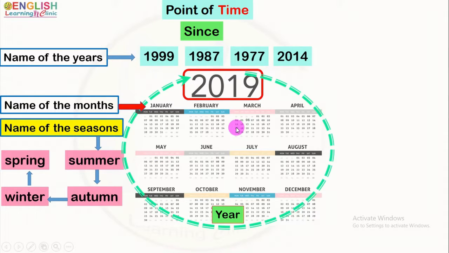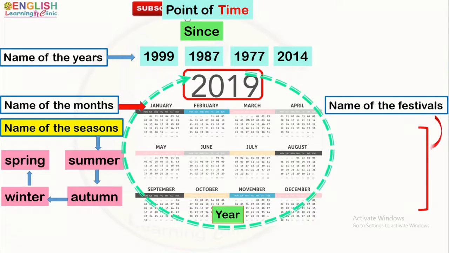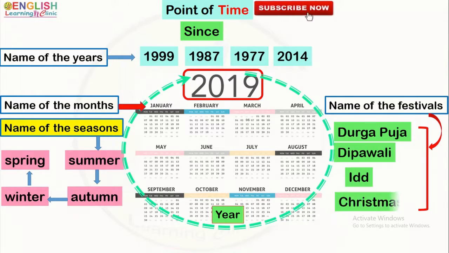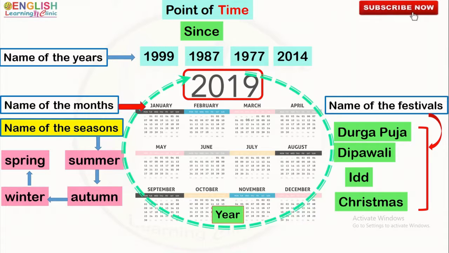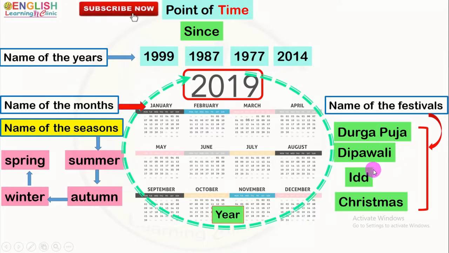Throughout the year, at some points, different types of festivals are celebrated. So the names of the festivals also indicate point of time. For example, Durga Puja, Deepavali, Eid, Christmas. For example, I have been living here since Deepavali. His action started from the point of time of Deepavali. So these are also points of time.